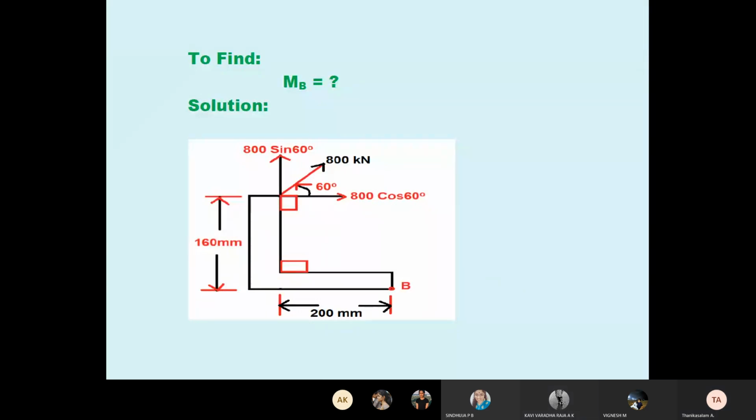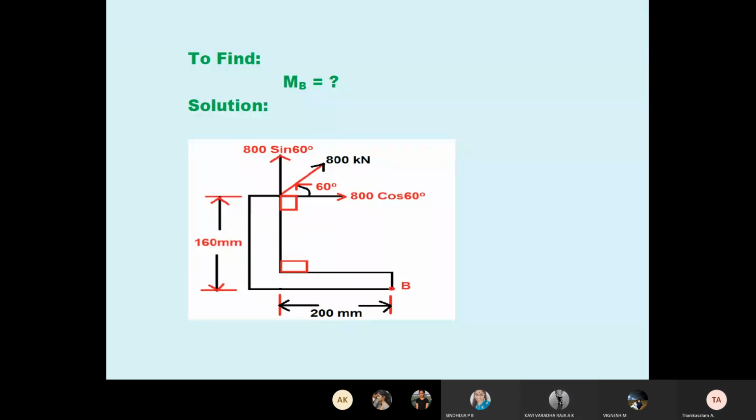Sir, 800 sin 60 into 160 mm, sir. Why? Again, tell me. 800 cos 60 into 160 mm, sir. Only that one force is giving moment?